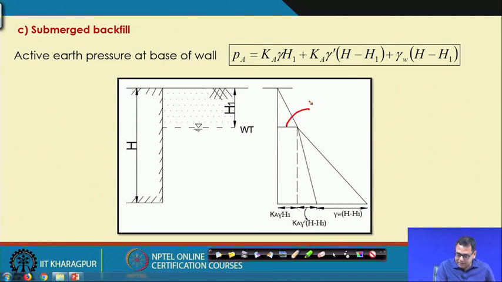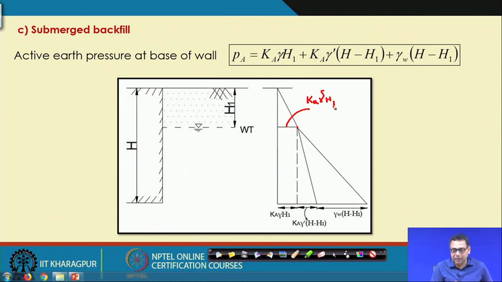Up to h 1, the value is simple. If I am talking about K A, the active case, which is the submerged backfill where the water table is at a height of h 1 from the top or ground level, this value is K A into gamma into h 1.